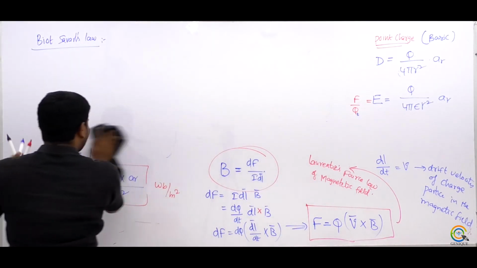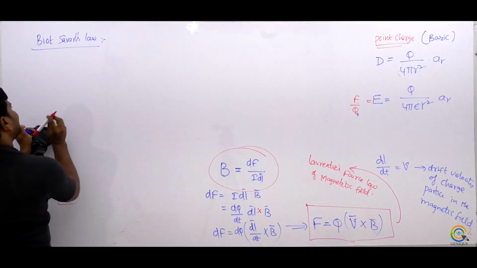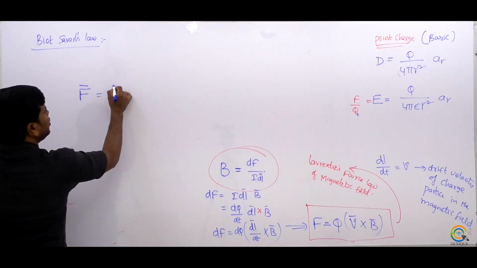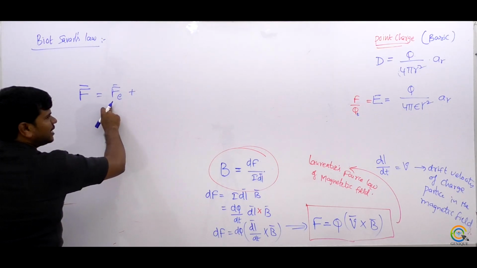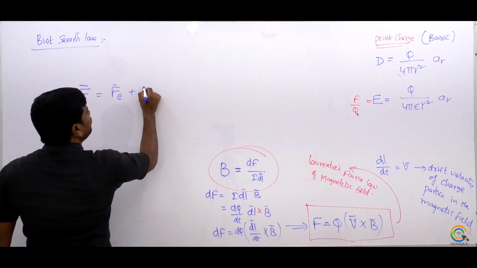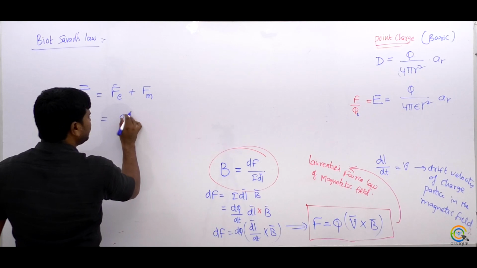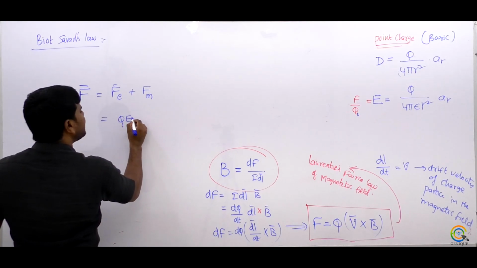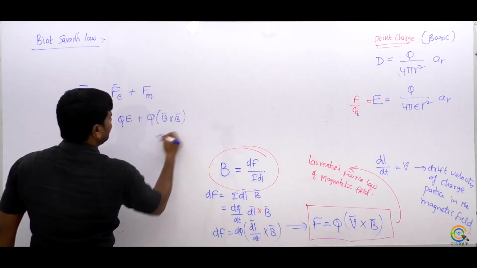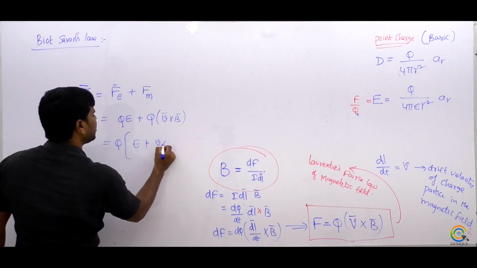The total force is equal to the force on the charged particle in the electric field plus the force on the charged particle in the magnetic field. It can be written as Q into E plus Q into V cross B, so I can write Q into E plus V cross B.